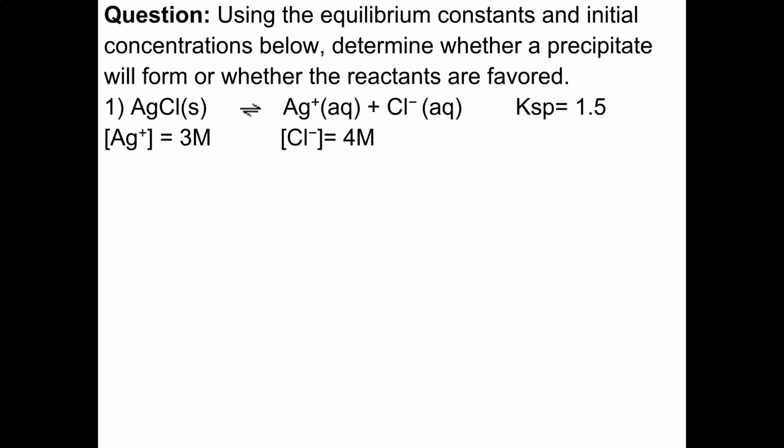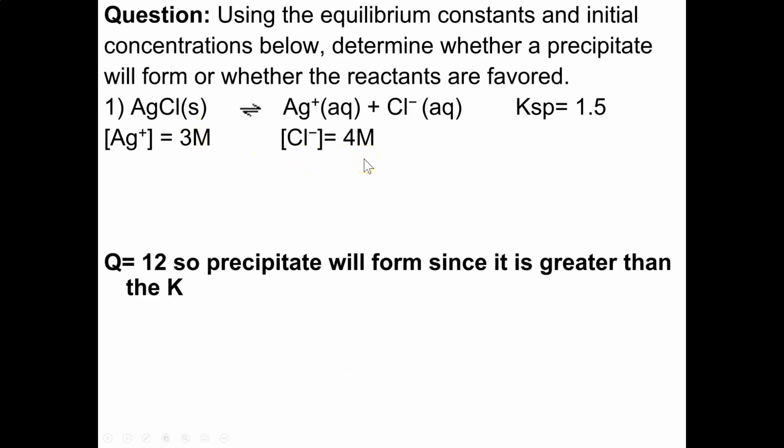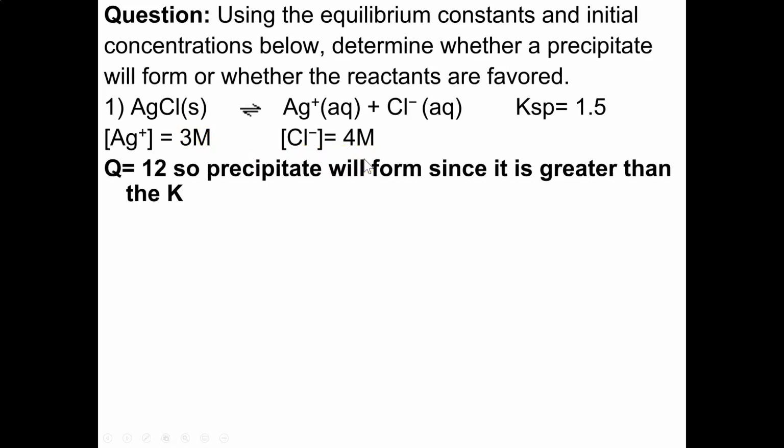Use the chemical constant and initial concentrations below to determine whether a precipitate will form. This is a very common angle. Will precipitation occur? Whenever they ask you will precipitation occur based on concentration, your mind should be like, okay, it's Q versus K. It's Q versus K, because that's what it is. They gave you a K to make this even more obvious, and they give you concentrations. So all you have to do is solve for your Q. Your Q is 12.